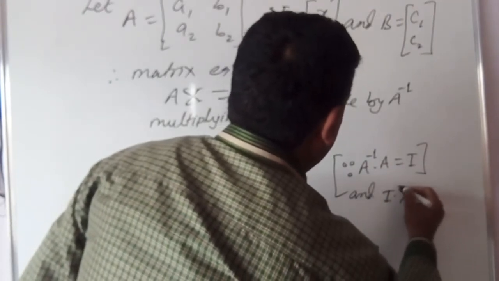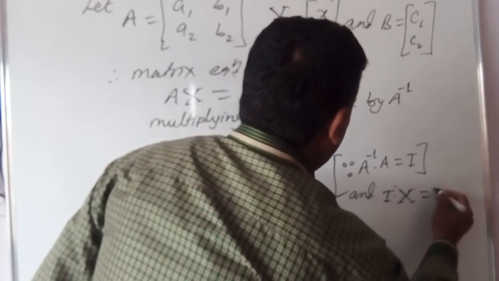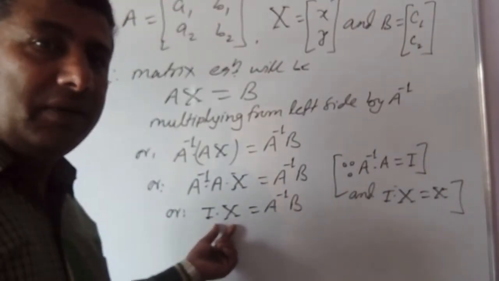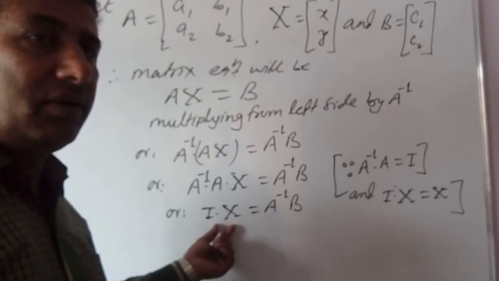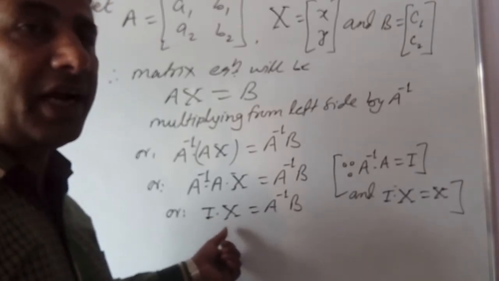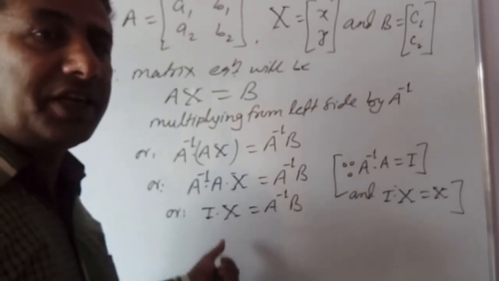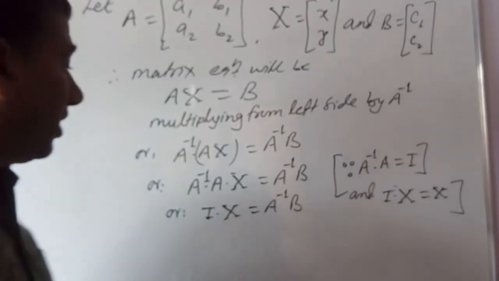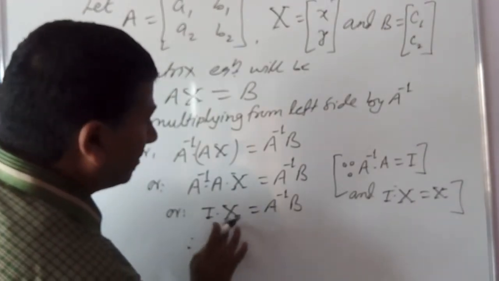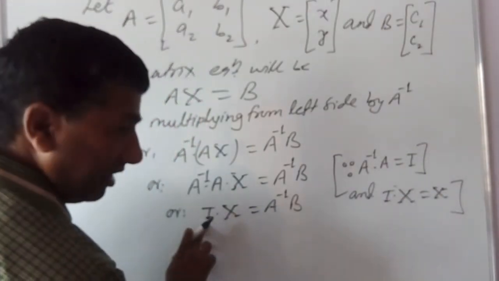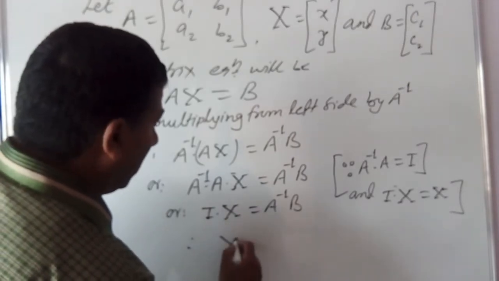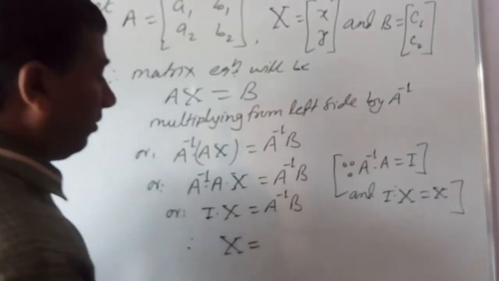I times X equals X. When we multiply any matrix by the identity matrix, the product remains the same. The identity matrix doesn't bring any change in any matrix when it is multiplied. Therefore I times X means X. This identity matrix doesn't bring change in this matrix X. Okay, X equals A inverse B.